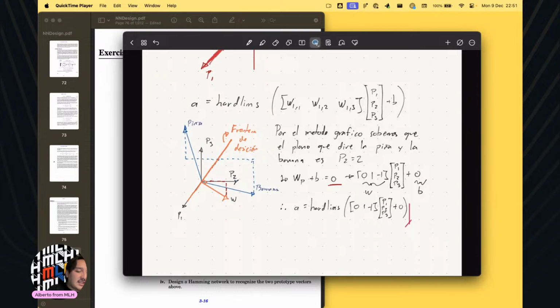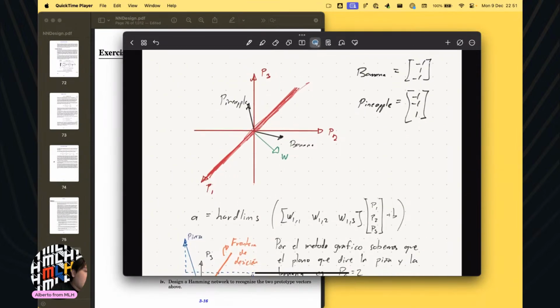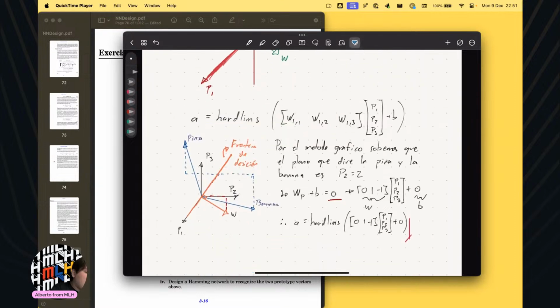Now let's test it. We need to substitute this data.